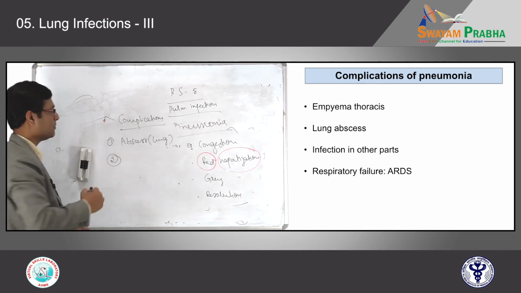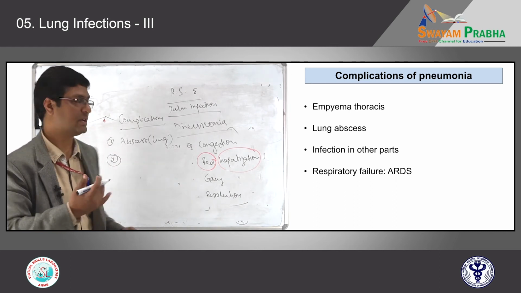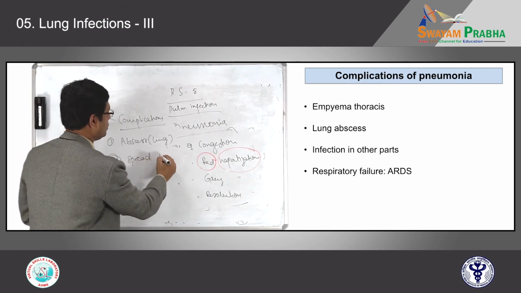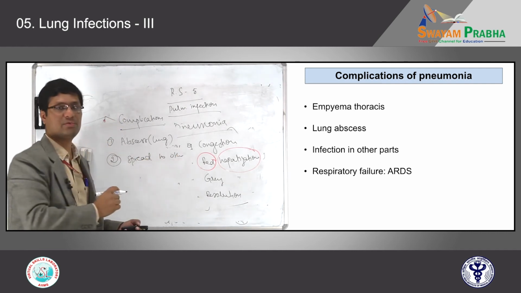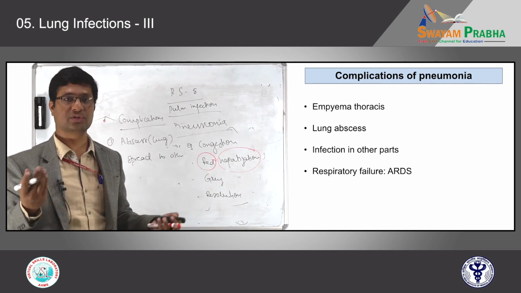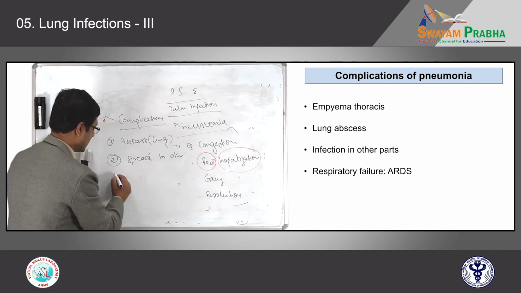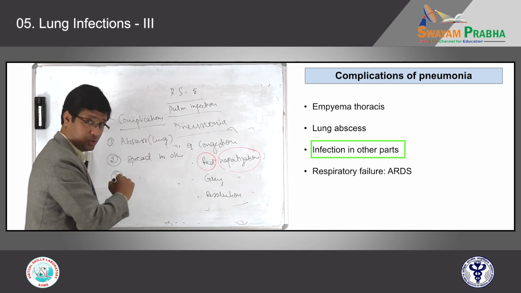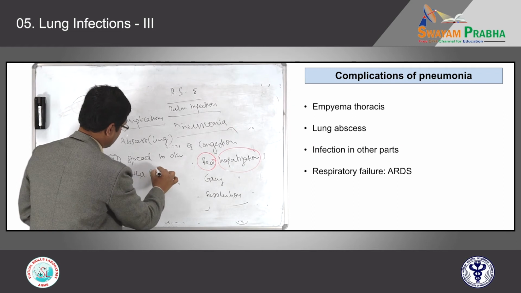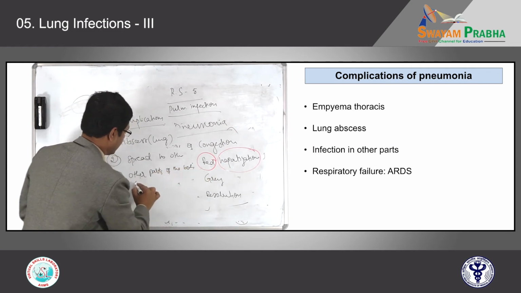Second, there is infection in one part of the lung. It can spread to other parts of the lung. At the same time, the causative organisms present in the lung, because the lung is a very richly vascular organ, can enter the blood and the infection can spread to other parts of the body by hematogenous spread.